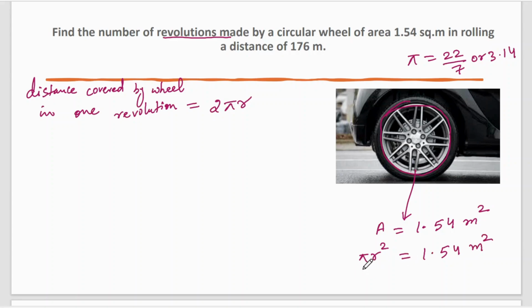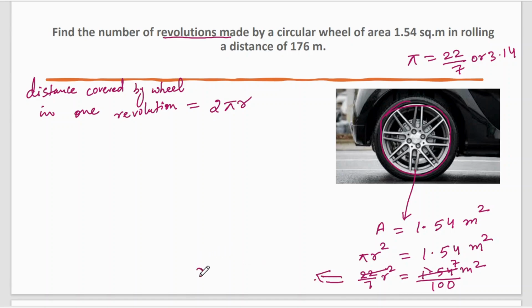So now let me take pi as 22 by 7, r square equal to 1.54 meter square. Now you can take this as 100, and you can cancel it 7 times. I have no space here, so I'm writing on this side.